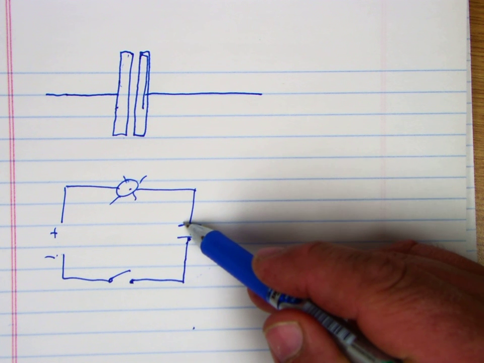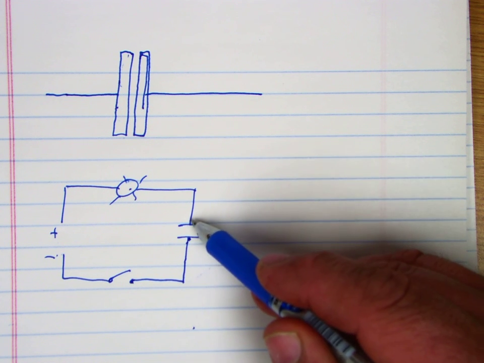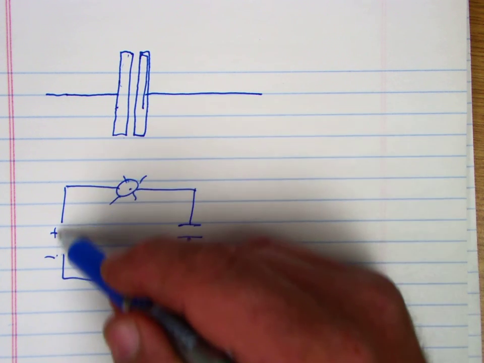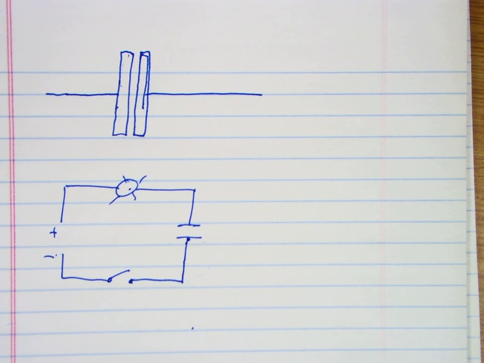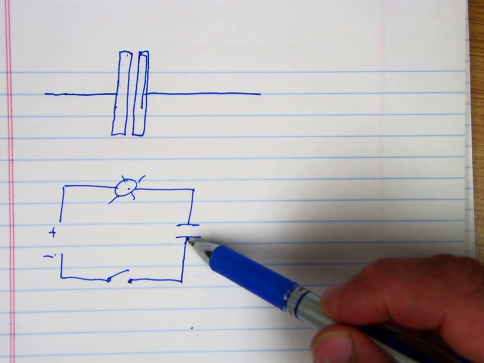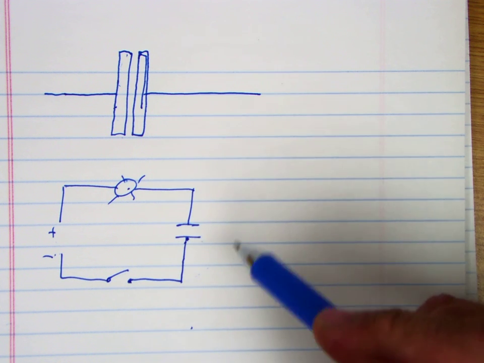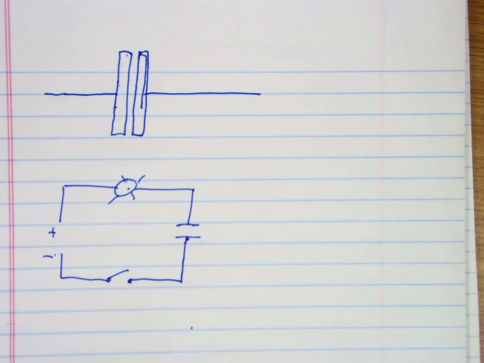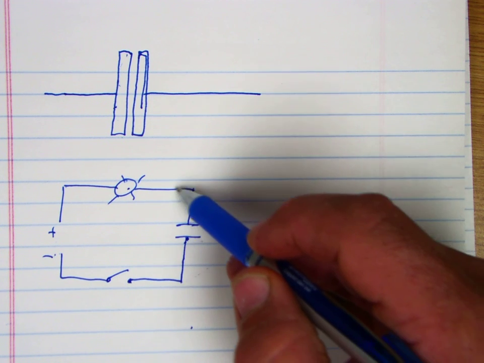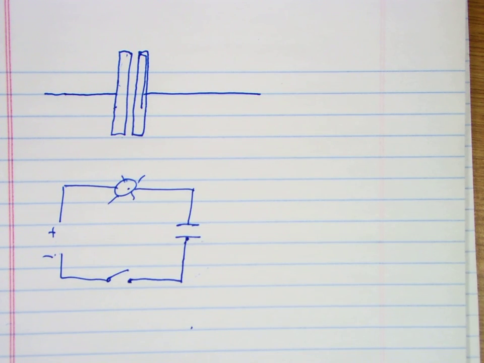That causes the electrons that were sitting on this plate to get pushed over this way, and you will see a current flow. And then as soon as that plate starts to fill with electrons, the ability for that capacitor to absorb electrons is diminished, right? Because the tank's starting to fill up. And that's why you'll see the current slowly drop down to nothing.